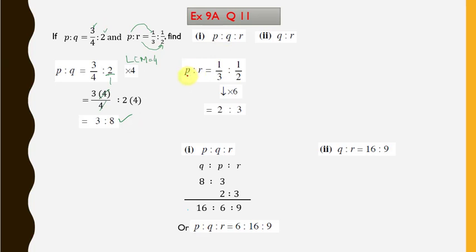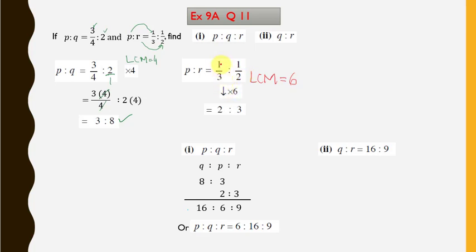Now take p ratio r. p is 1 by 3 and r is 1 by 2. Look at the denominators, we have 3 and 2, so the LCM of this will be 6. Now you will multiply 6 with both these fractions.